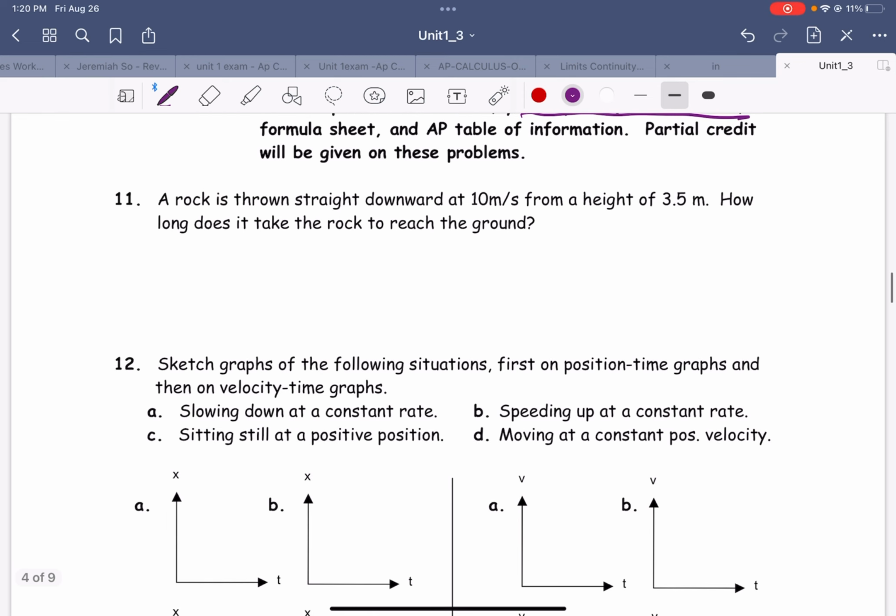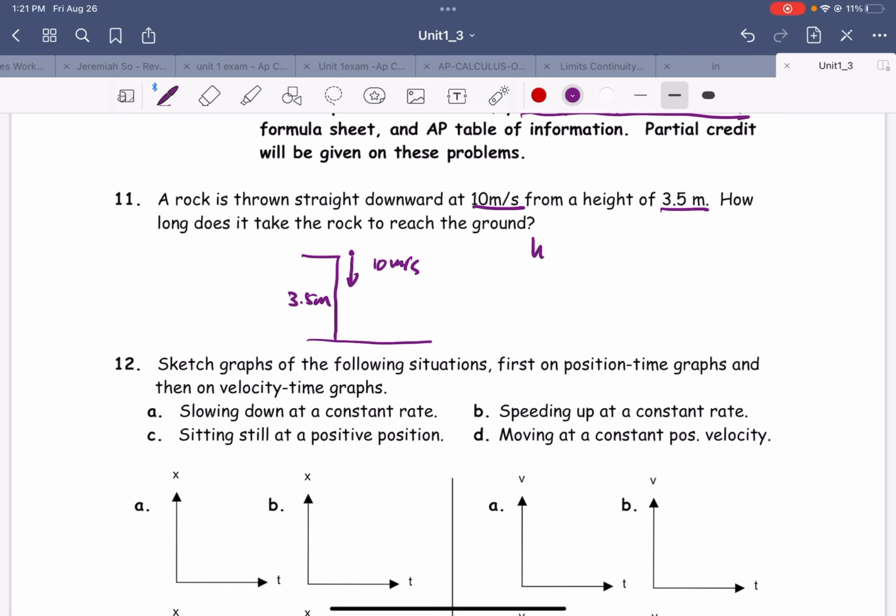Now, in number 11, a rock is thrown straight downward at 10 meters per second, this time downward, from a height of 3.5 meters. How long does it take for the rock to reach the ground? So you have here straight downward 10 meters per second, and this height 3.5 meters. How long will it take?